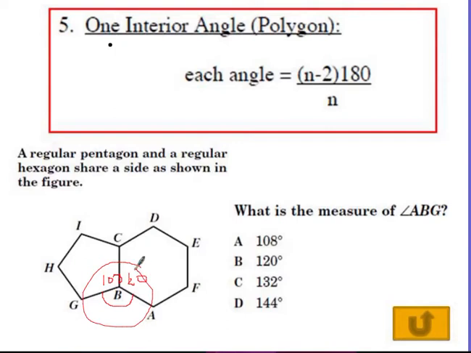So I'm going to do 360 minus 108 minus 120, which gives me 132. This problem has multiple steps, but each individual step isn't that hard. You really just need to try something. Anything that deals with polygons and angles, just figure out whatever you can find out, and then hopefully that will lead you to the answer.